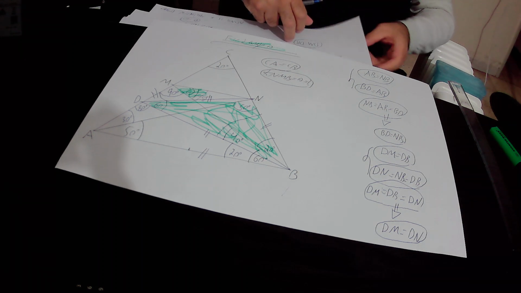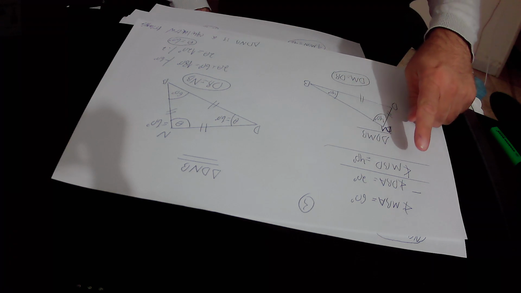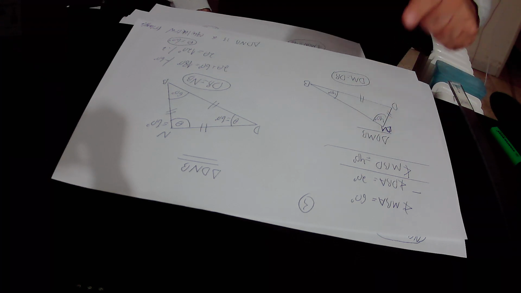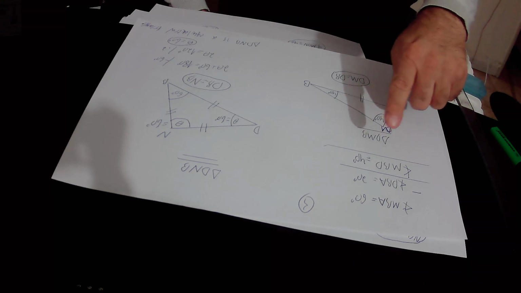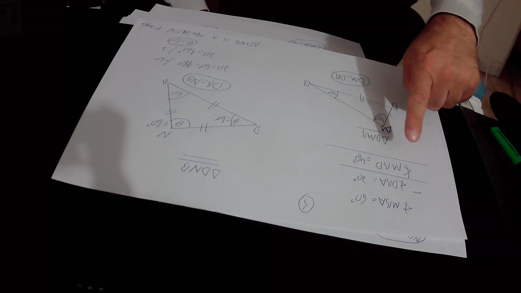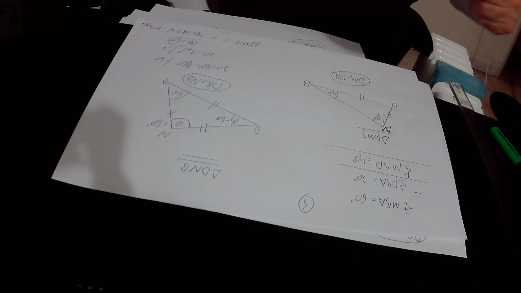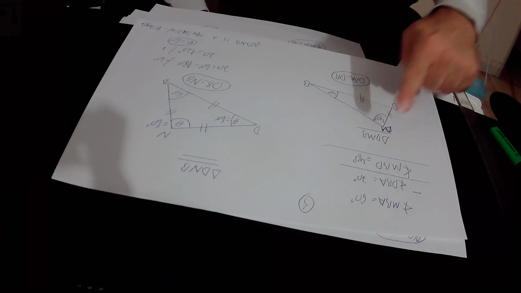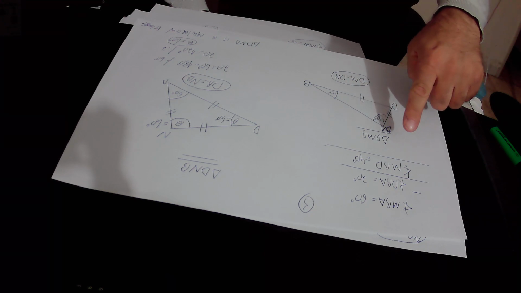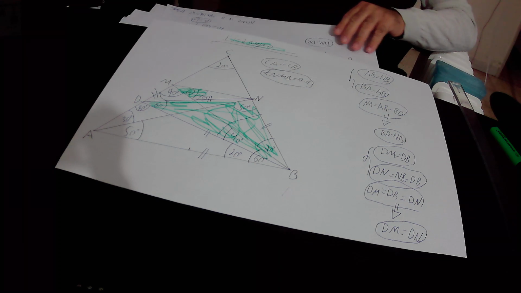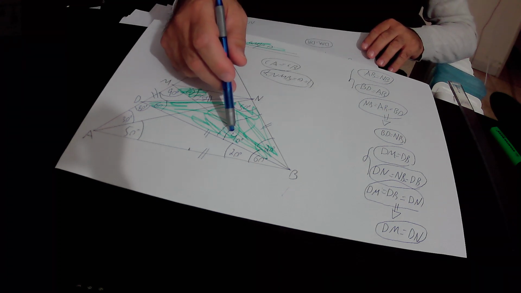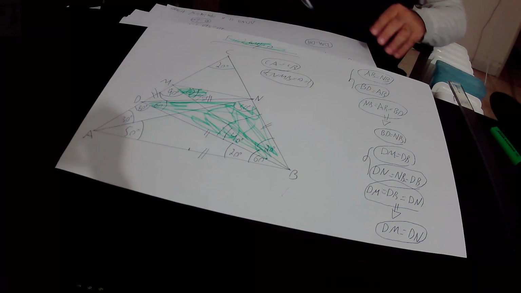Repeat again: the big angle MBA minus the small angle DBA equals the missing angle MBD. The big angle equals 60 degrees, the small angle equals 20 degrees, so 60 minus 20 is 40 degrees. So we found out that the missing angle MBD equals 40 degrees in its size.